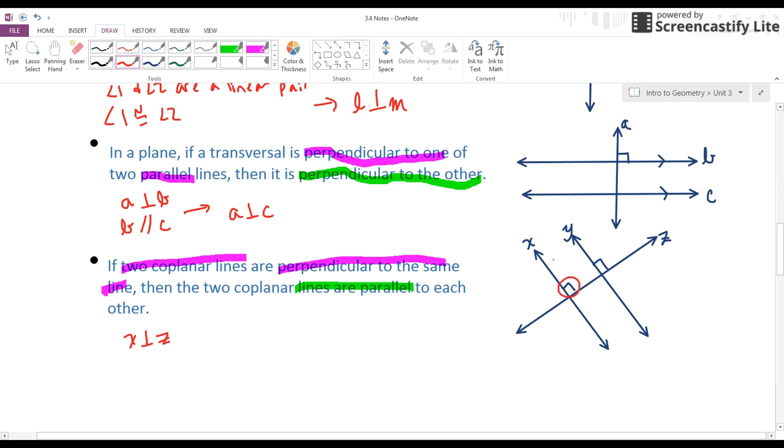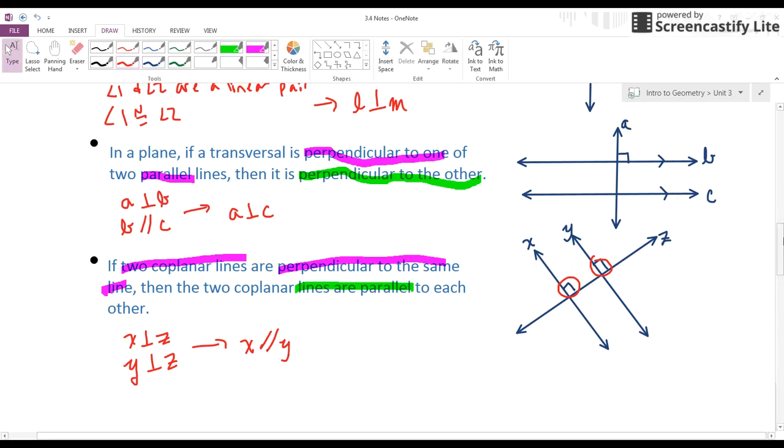Then we'll also notice that right angle for Y and Z. So that also tells us Y is perpendicular to Z. So if we have these two pieces of information, then I can say that X should be parallel to Y. And that's because, again, of the converse of the corresponding angles postulate. And that's a great way to prove this theorem.